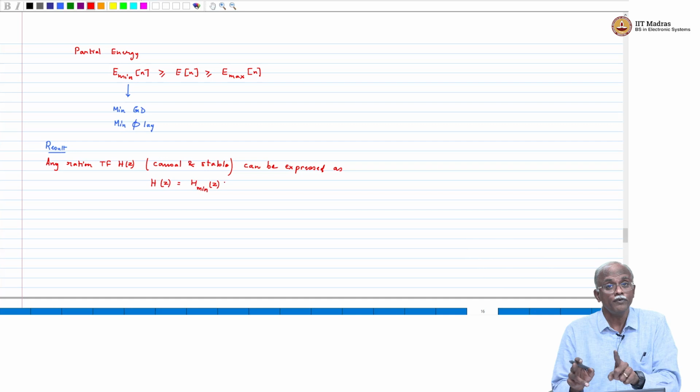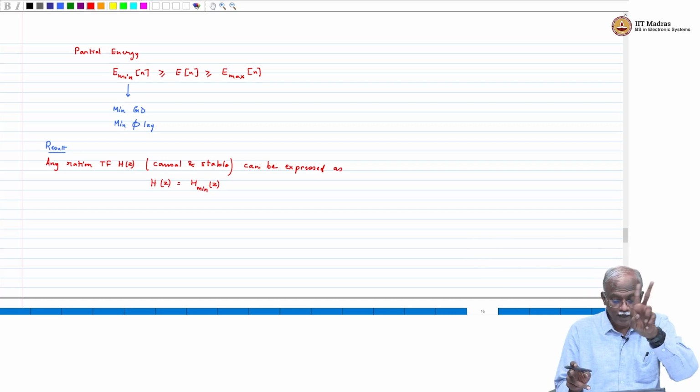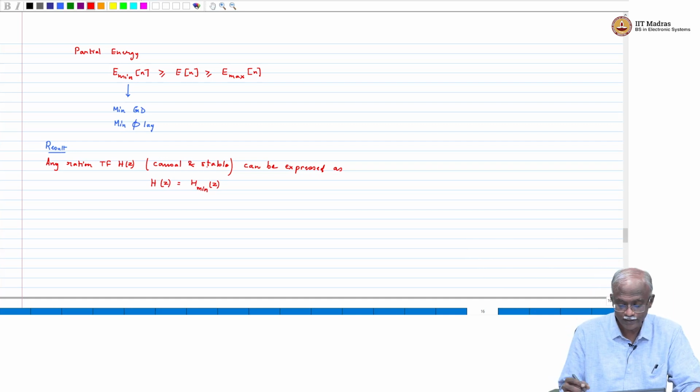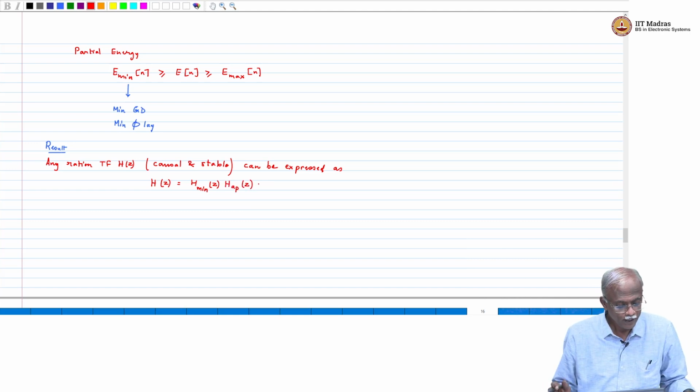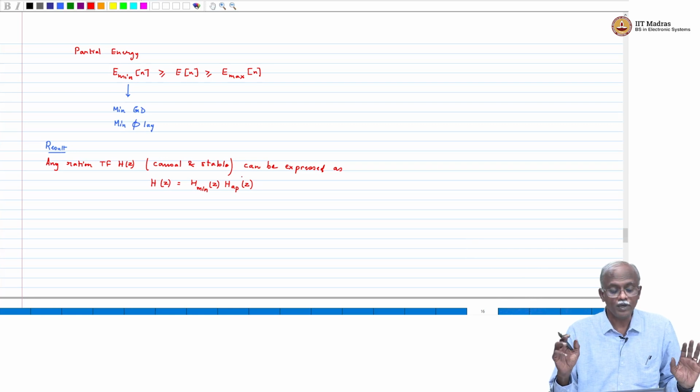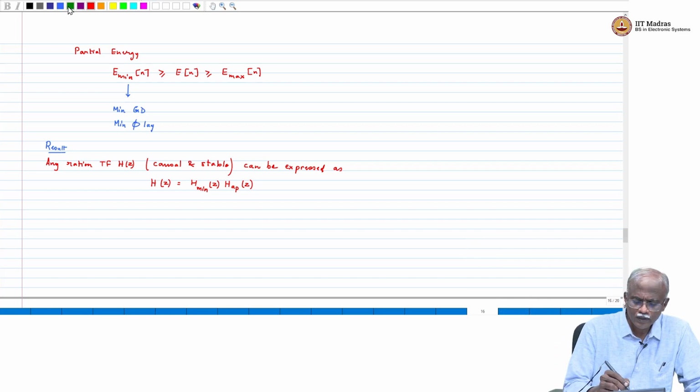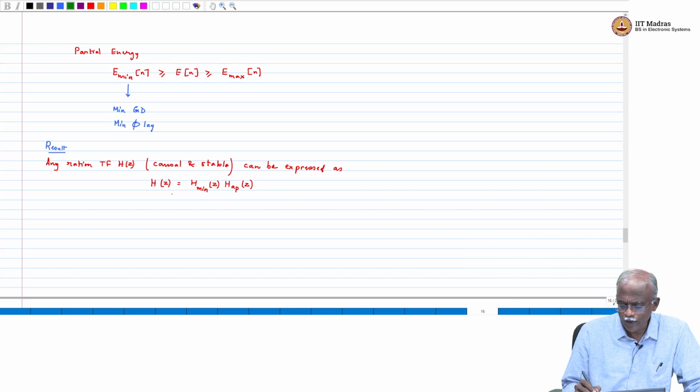Okay, it's a minimum phase transfer function. It has got the same magnitude response as h of z. This is multiplied by an all-pass transfer function HAP of z, where HAP is a causal stable all-pass transfer function. So basically you can always write it as a minimum phase transfer function times an all-pass transfer function.